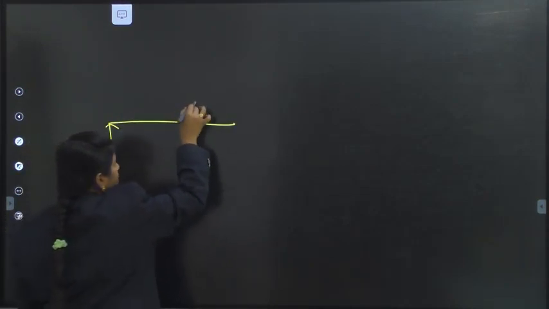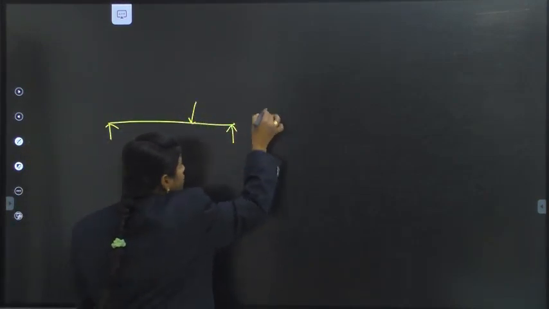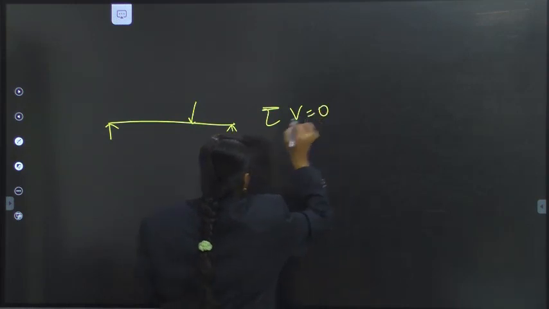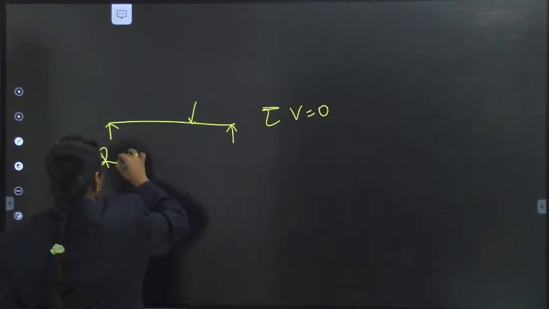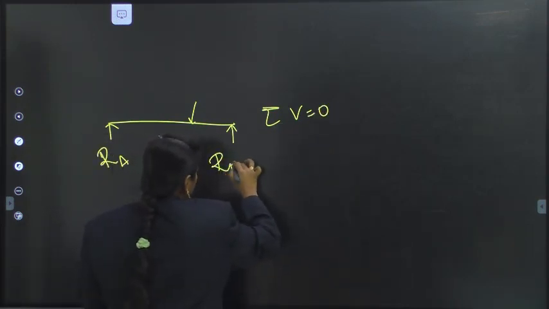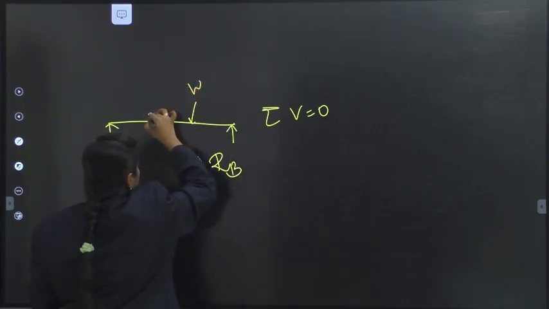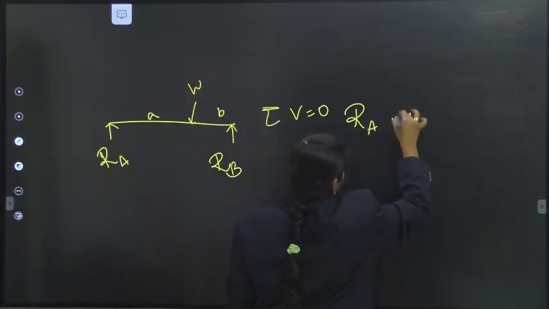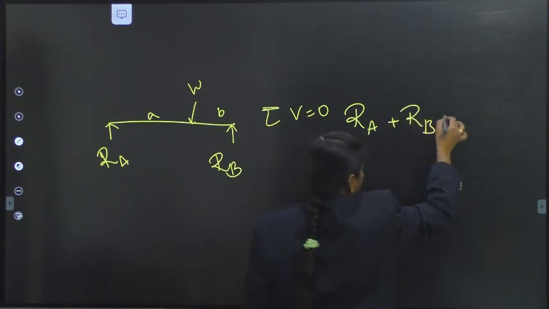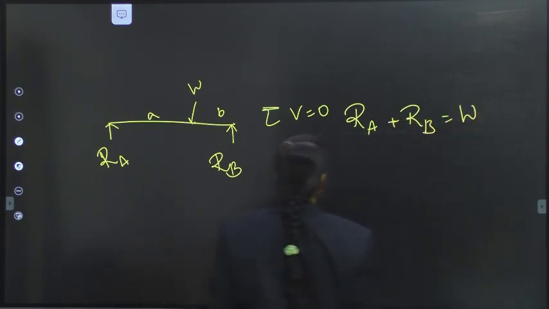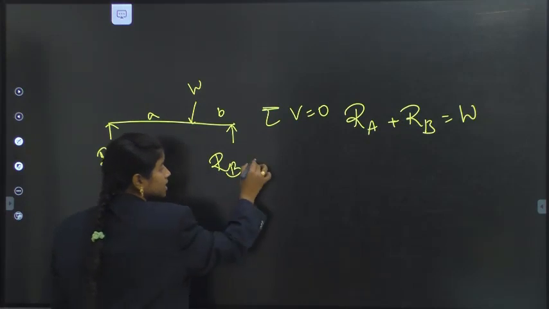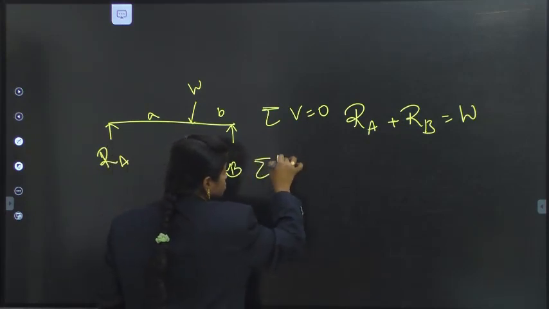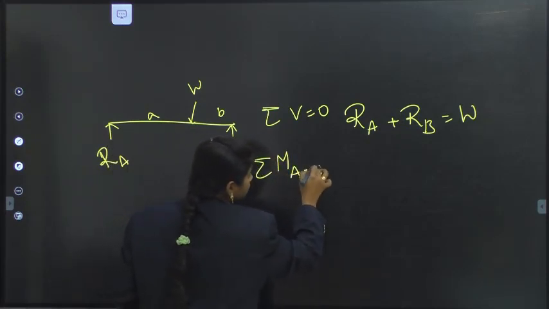With the eccentric point load, sigma V equal to 0 gives R_A plus R_B equal to capital W. One more equation I can use is that the summation of all the moments about any support is equal to 0.